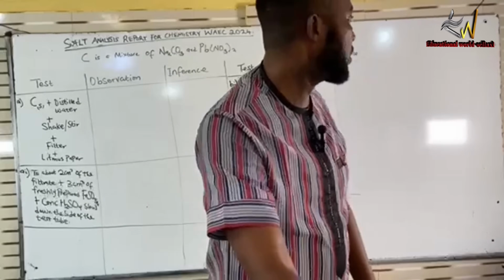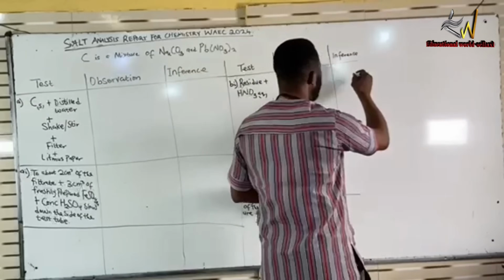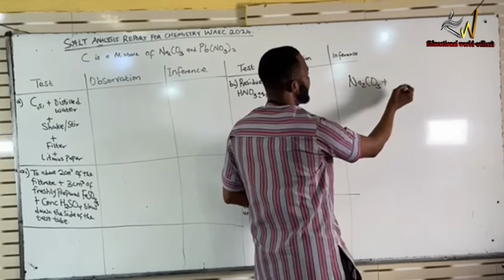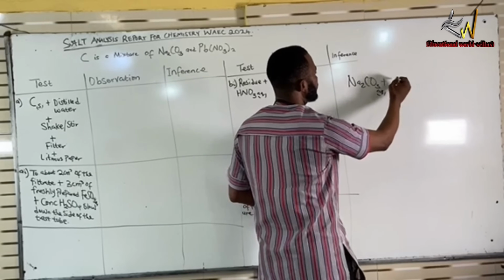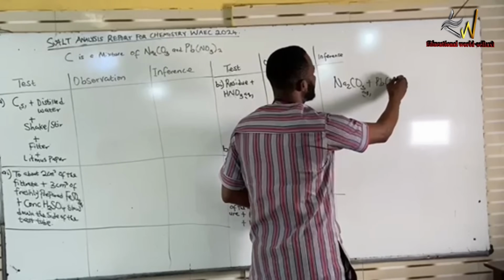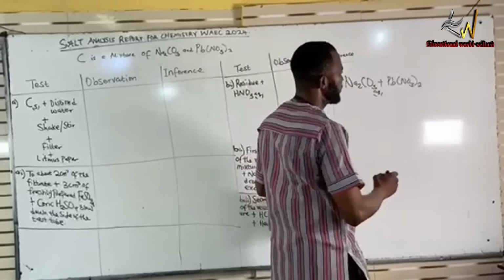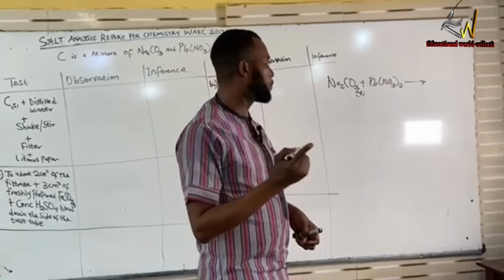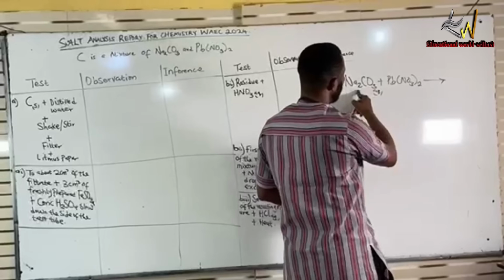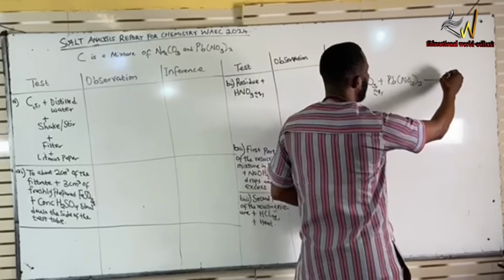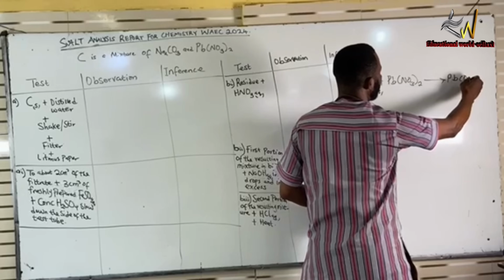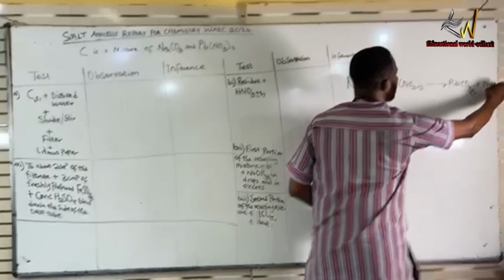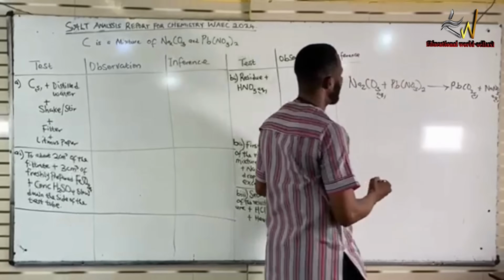When Na2CO3 solution is mixed with Pb(NO3)2, what you have will be a precipitate and a soluble salt. The products will be PbCO3 precipitate plus NaNO3 aqueous. Then we must balance.